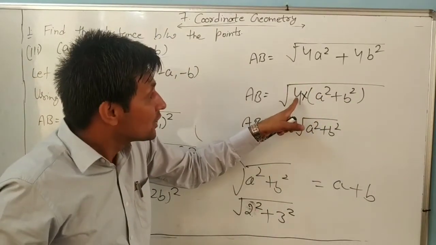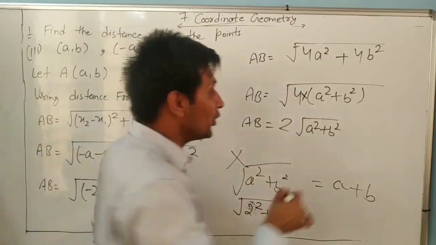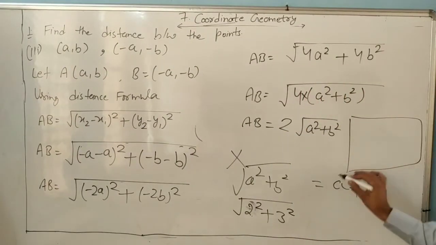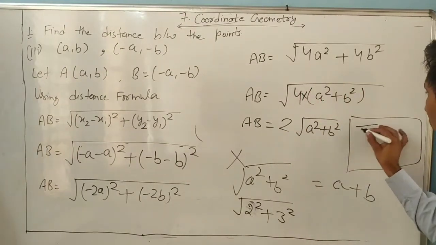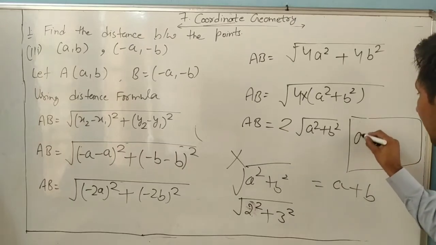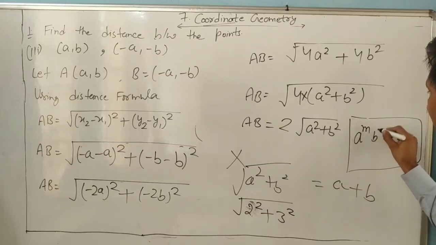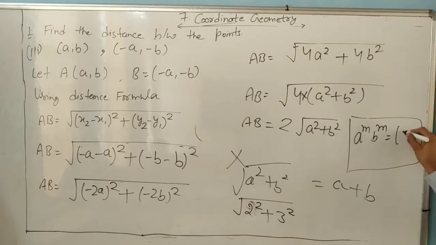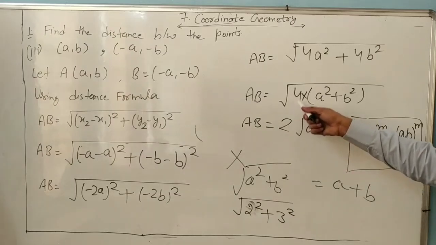So first, square root of 4. Do you remember the formula from 8th class? It is a to the power m and b to the power m. What can we write? (a into b) to the power m, if they are in multiplication. Same as it is. What is the power of 4?